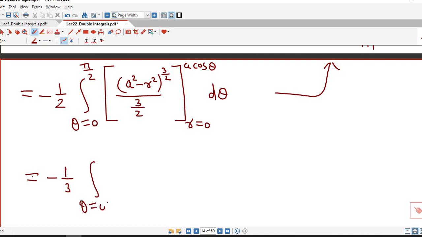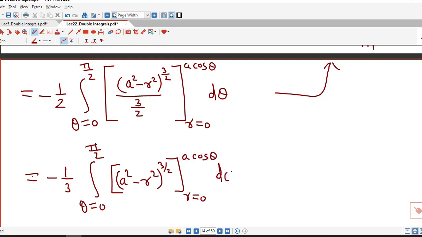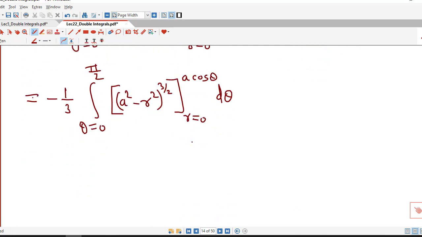Theta is from 0 to pi by 2. We write one more step: a square minus r square raised to 3 by 2, r is from 0 to a cos theta, and with respect to theta. So this is minus 1 by 3, theta is from 0 to pi by 2.